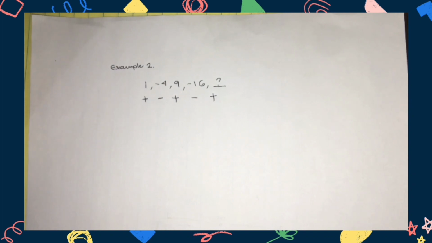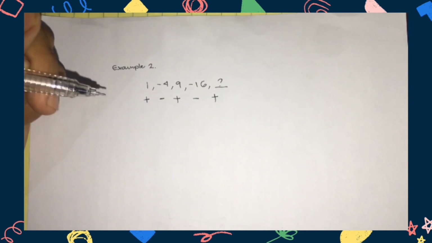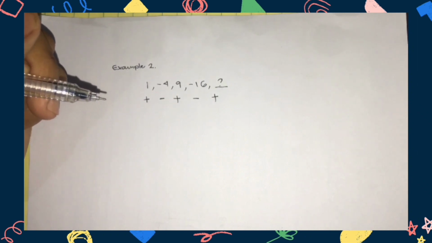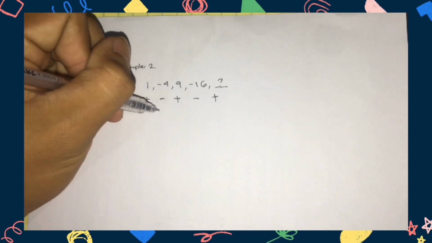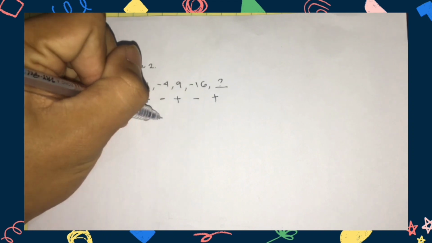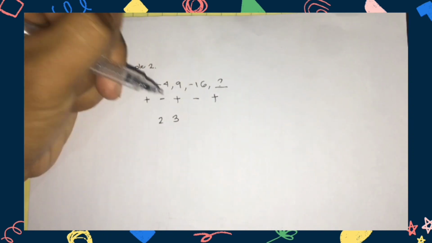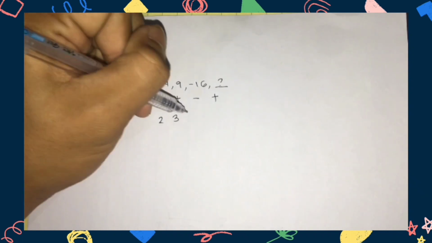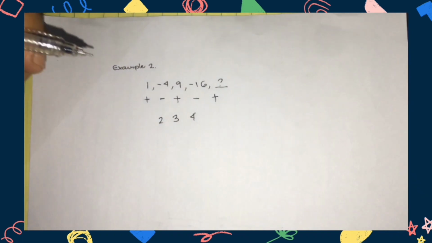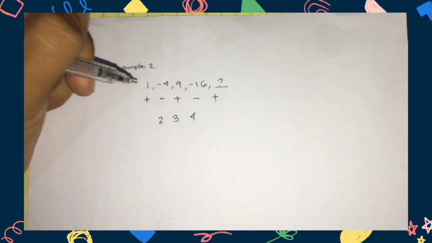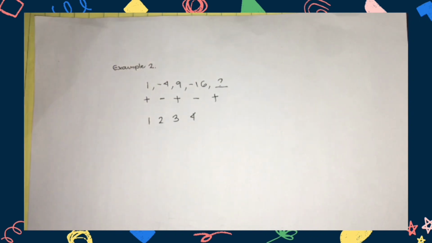As for the second pattern, we could say that each number is the product of a number being squared. Let's say we set aside the negative signs. Square root of 4 is 2. Square root of 9 is 3. Square root of 16 is 4. And obviously, square root of 1 is 1.